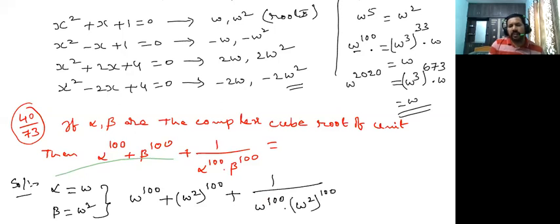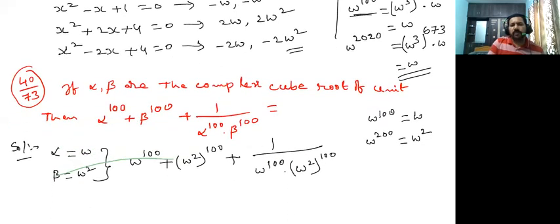Already here we got omega power 100 value. How much? Omega. Then what is omega power 200? Tell me. That value should be omega square. Okay, those values substitute here. What is the answer?